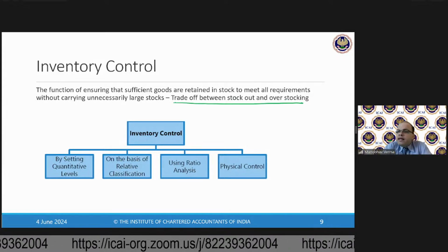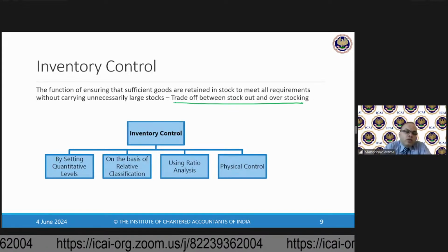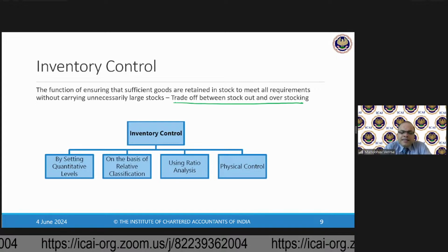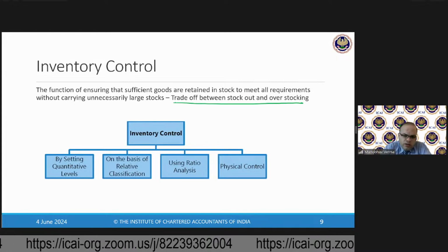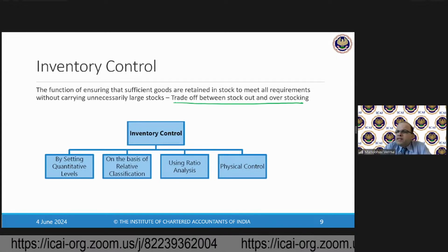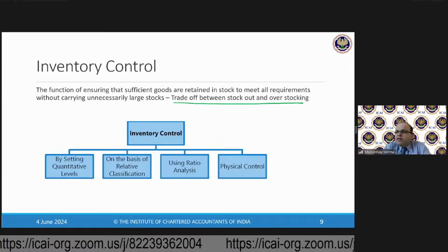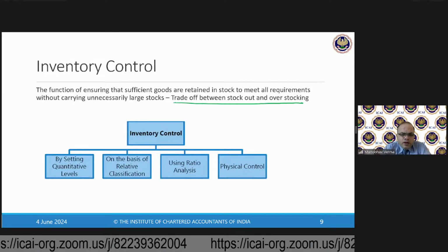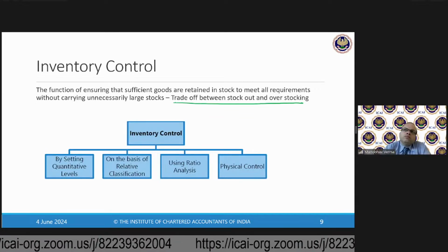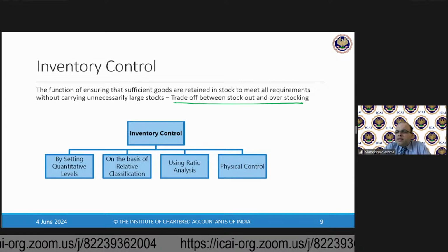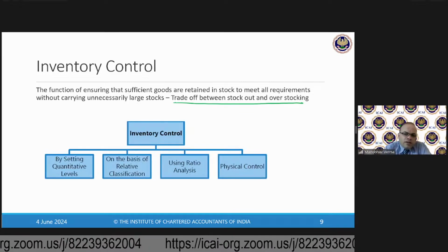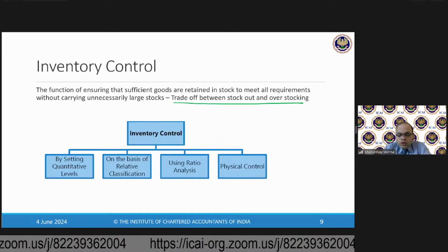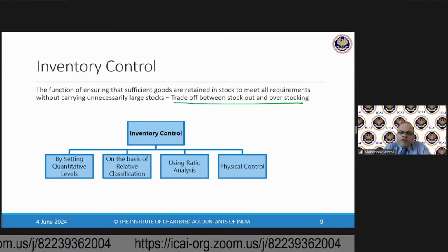And there are different ways we can arrive at these inventory controls, guys: by setting a quantitative level, or on the basis of classification like ABC analysis, we'll talk about that briefly, or vital, essential, desirable, something like that, or maybe monitoring some ratios, or traditional ways of physical control.